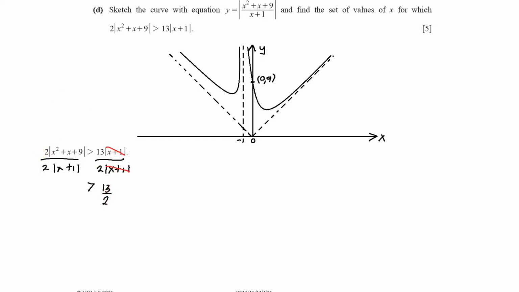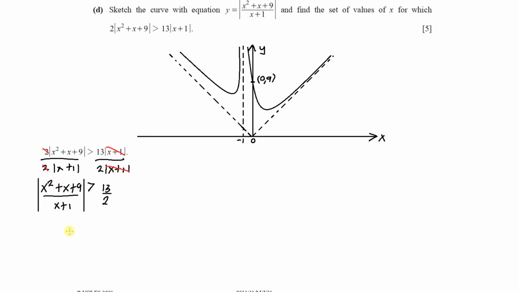And on the left side, I can cancel out the 2's, and I'm left with x squared plus x plus 9 over x plus 1, and it's all under modulus. So if you look at this modulus expression, that's the same as the one that we have for the curve.